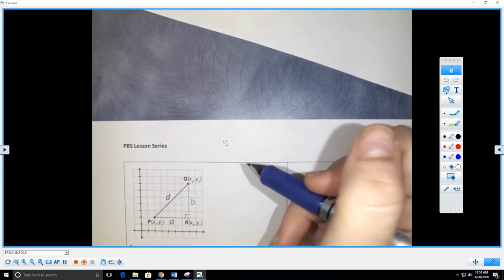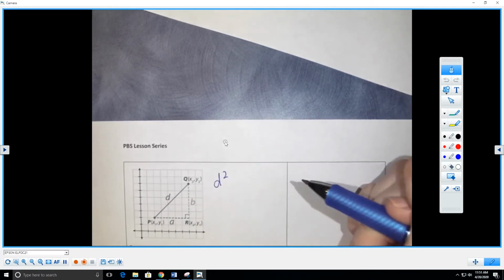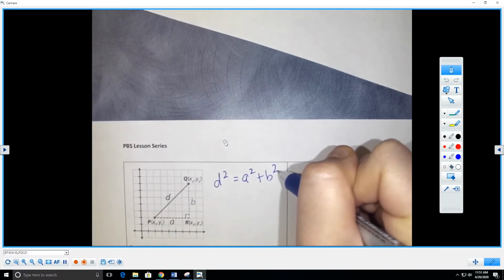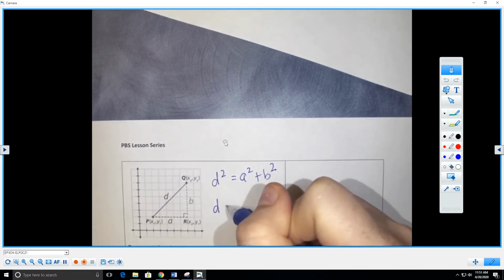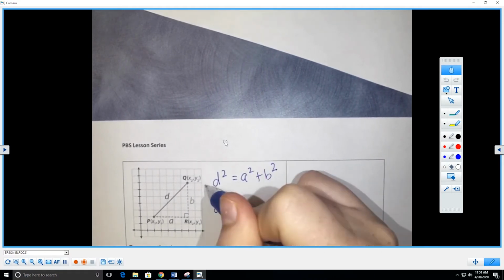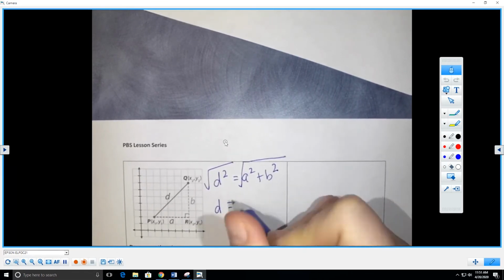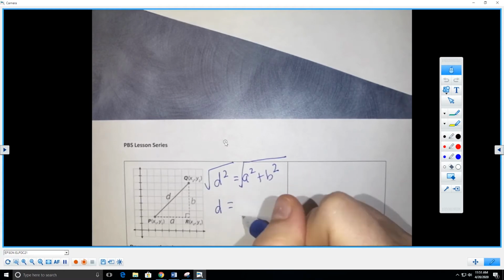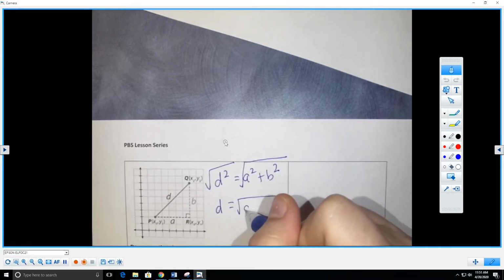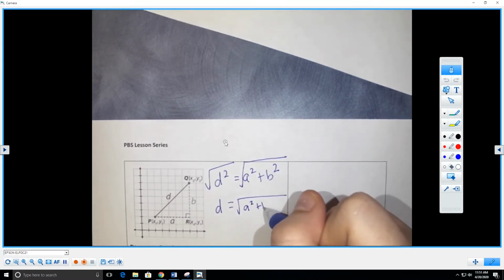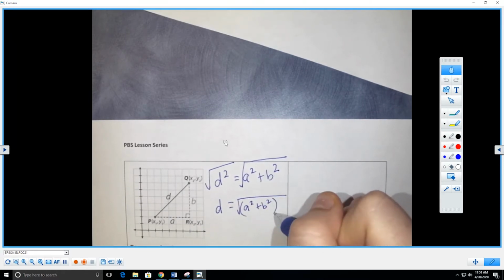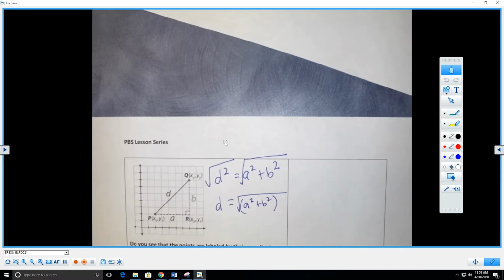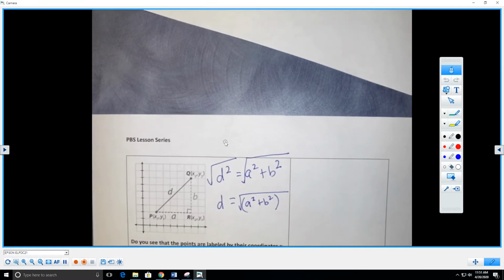So what we get is that D squared equals A squared plus B squared. So D equals, because we have to take the square root of both sides to get rid of that exponent of 2, so d equals the square root of a squared plus b squared. So we substitute the expressions from the previous statement for a and b, okay?